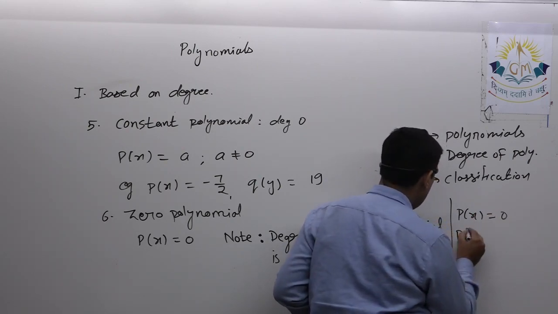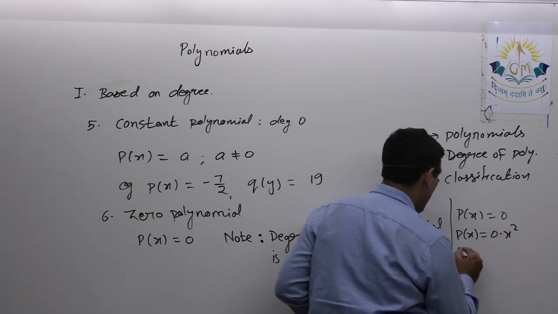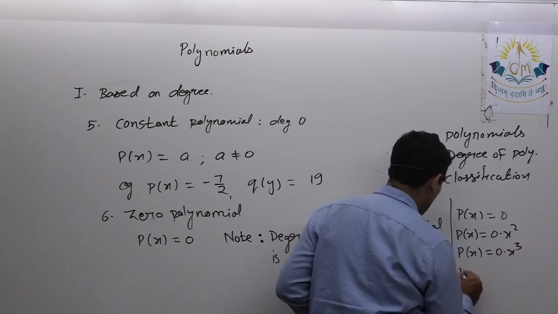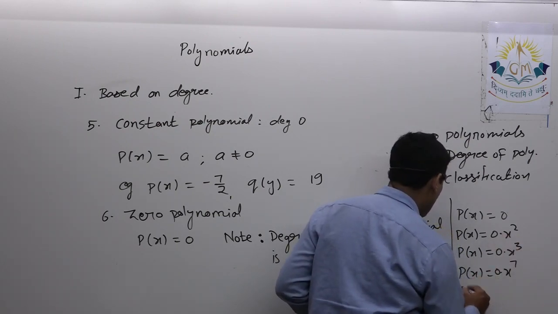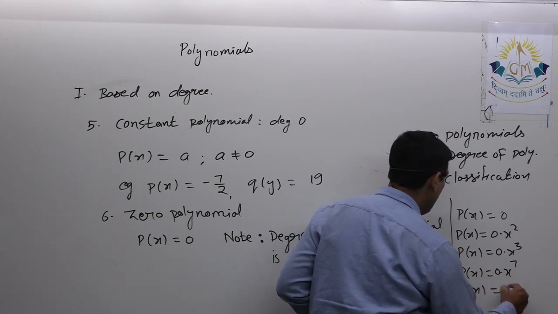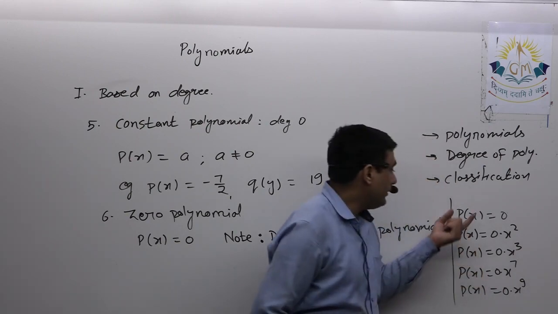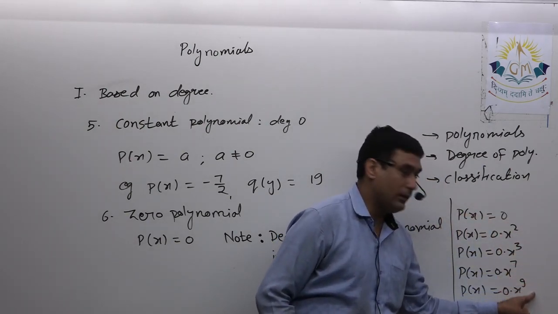Okay, that means I can write p(x) is equal to 0 into x raised to 2. Also I can write the same thing, 0 into x raised to 3. Also I can write 0 into x raised to 7. Also I can write that thing as 0 into x raised to whatever I will write. Okay, that means this is p(x) equal to 0. Now this can be represented in all these forms.